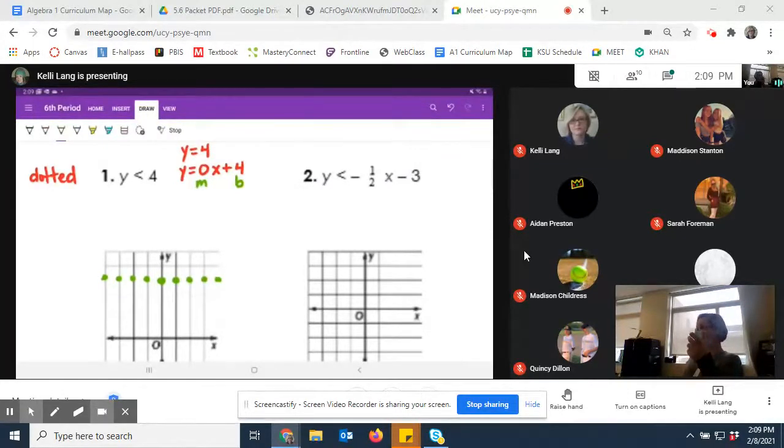All right, time to draw our line. Go ahead and do that on your paper. Draw your line straight across. Did everybody remember to make it dotted or dashed? So you don't want your line to connect all the way across. You kind of want it to look like dashes.